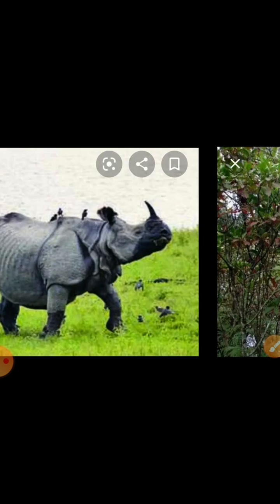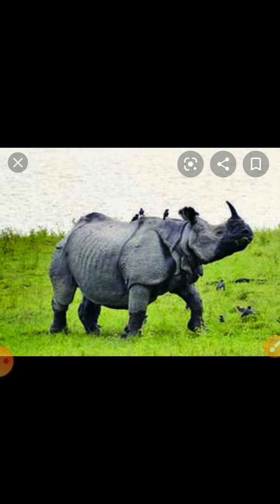Then now the animals which are found in this region are elephants, monkey, lemur. Lemur is a type of monkey only, langur, and deer. Then apart from that, the speciality of this region is one-horned rhinoceros.